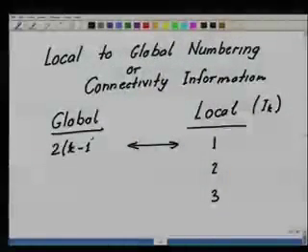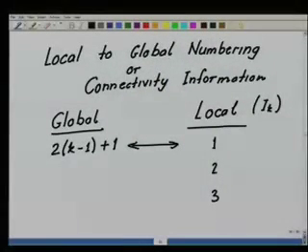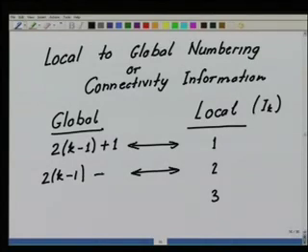So globally I will rewrite it in another form, 2k minus 1 plus 1, which is nothing but 2k minus 1. N2 corresponds to phi 2k globally. So I will rewrite it as 2k minus 1 plus 2. Similarly, N3k will correspond to phi 2k plus 1.